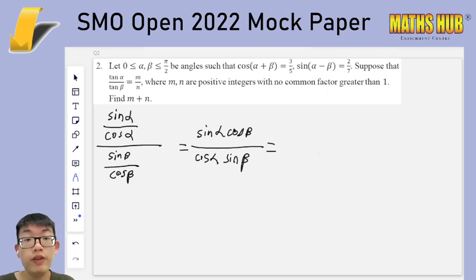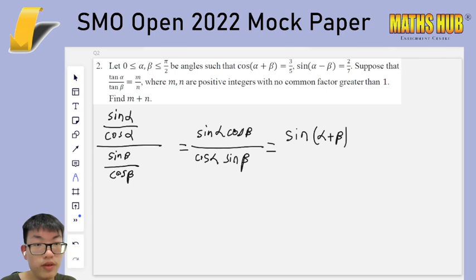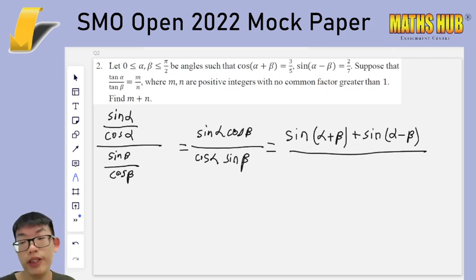So how we would do the top would be sine alpha plus beta plus sine alpha minus beta. And the bottom is the same except with minus sine alpha minus beta. Now normally there would be a 2 here, but because it's at the top and bottom, we can just ignore the factor of 2 that should be there.